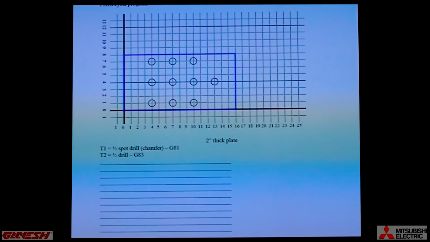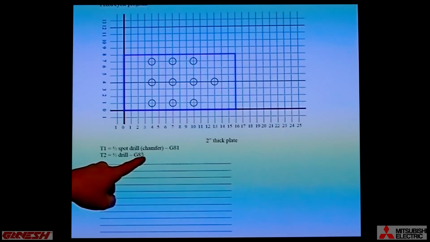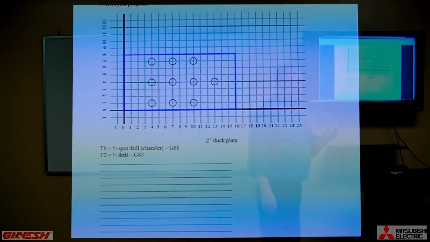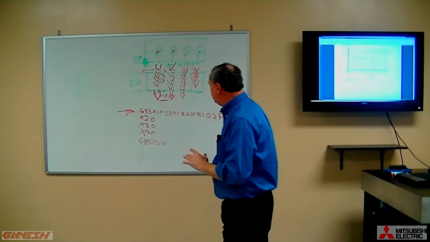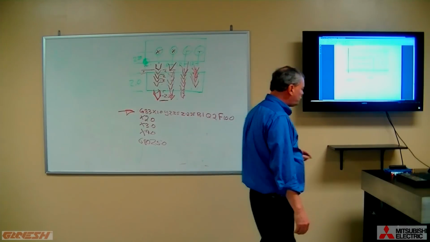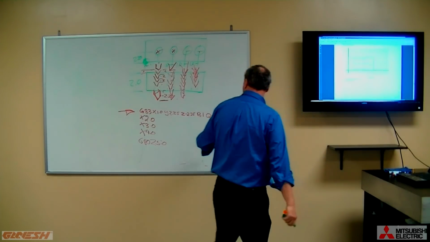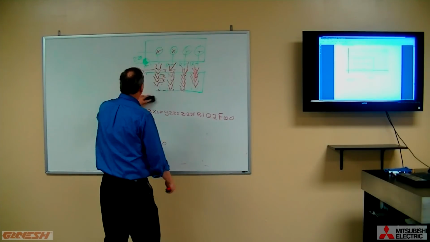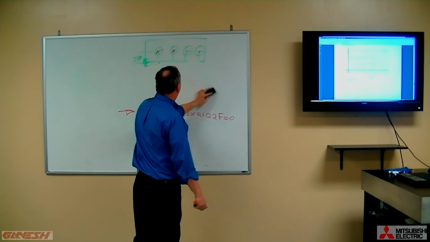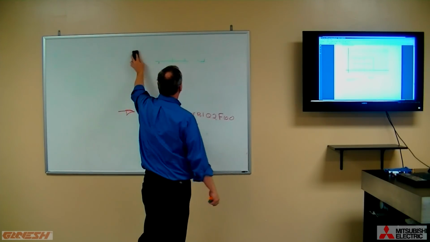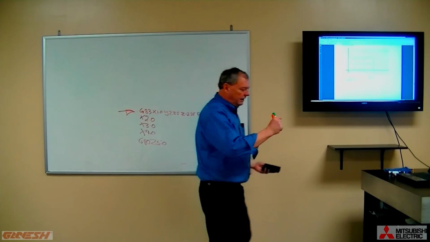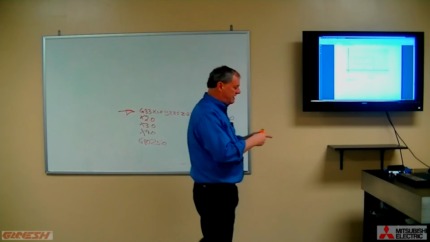This is page 40. Please use two tools. It's saying use a spot drill, okay, and then do a G83 drill. So what a spot drill does, if you remember back from our discussion on machining processes, spot drilling involves giving a full-size drill a little bit of a place to get started.